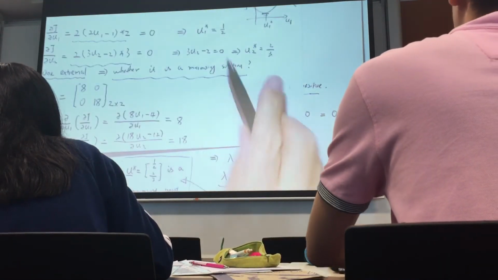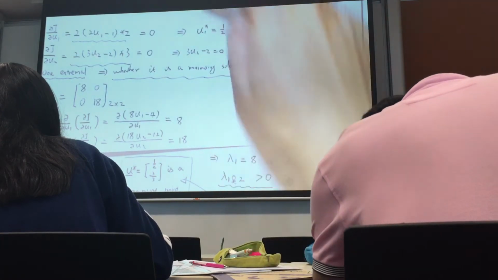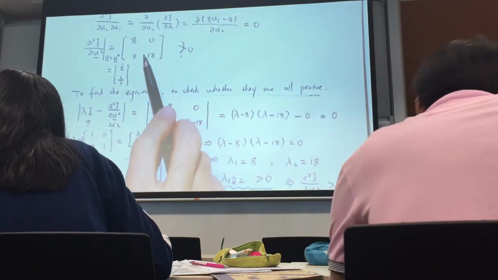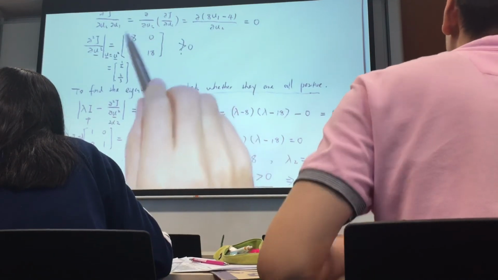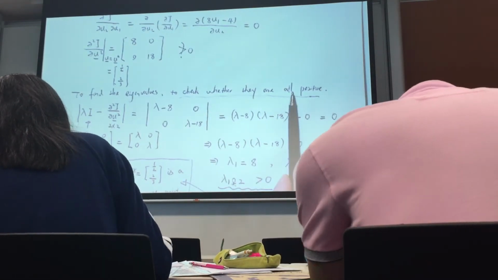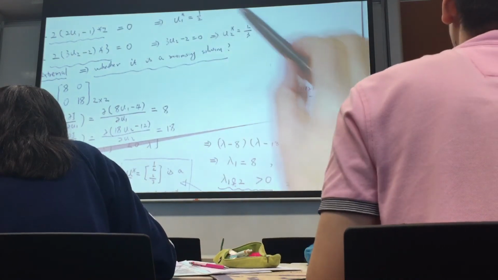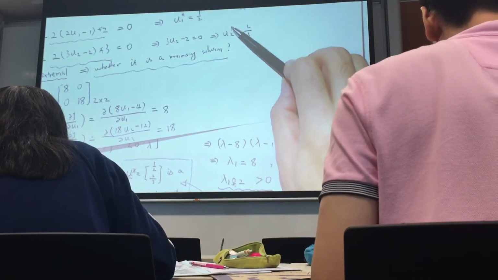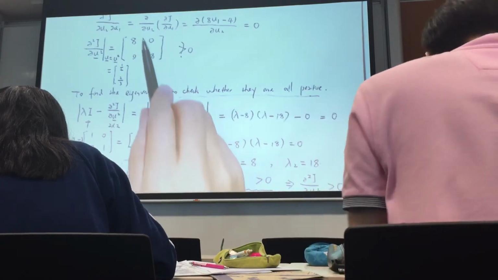So for the next point, if you have multiple points here, for the second point you will evaluate this matrix again. You will evaluate the eigenvalues multiple times if you have multiple solutions from the first step and your matrix is not constant.